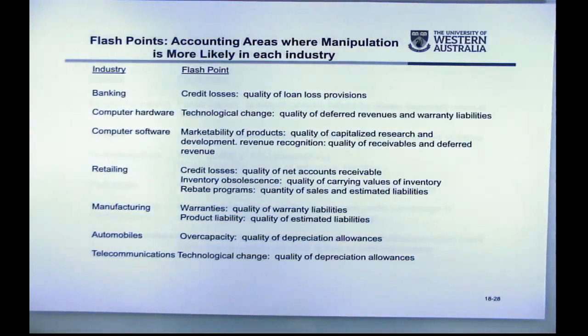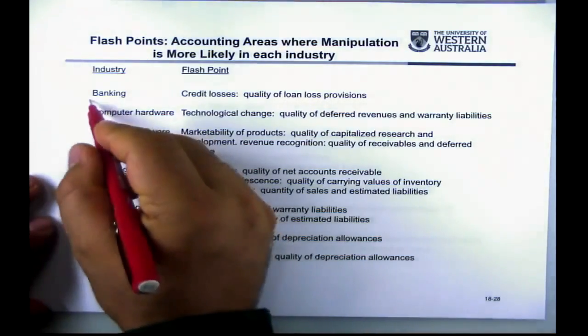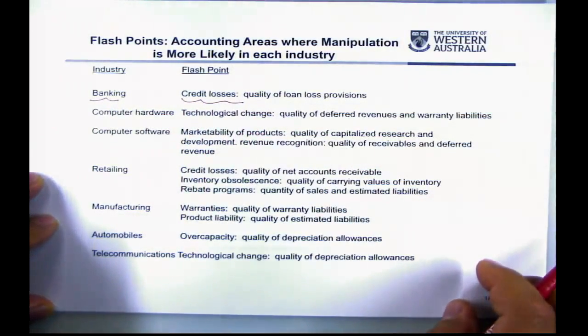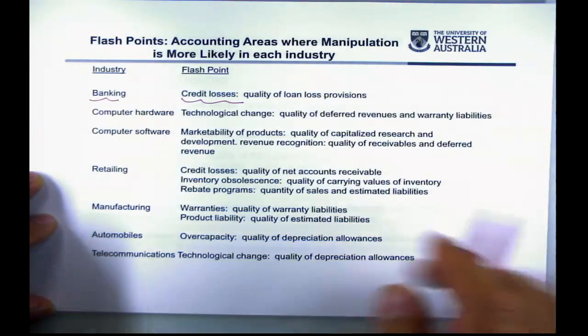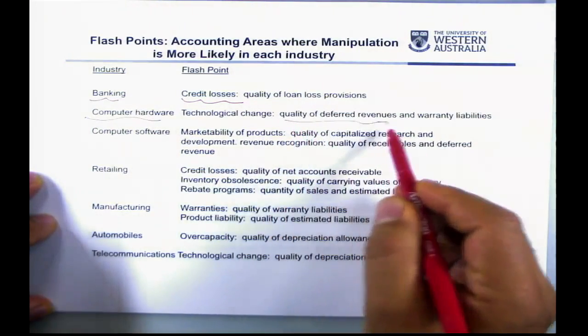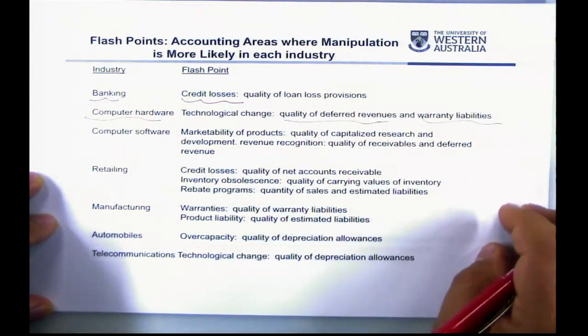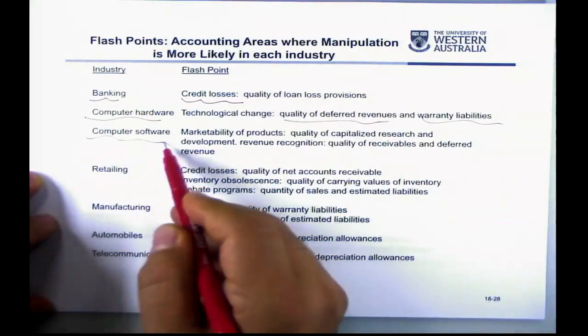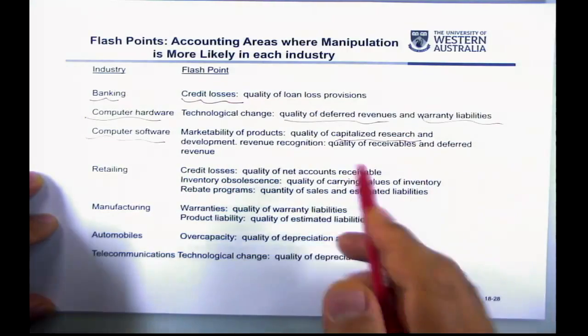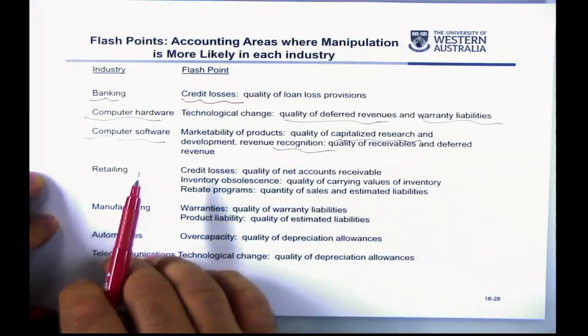Flashpoints, accounting areas where manipulation is more likely in each industry. In the banking industry, pay special attention to provisions for loan losses. Computer hardware industry, pay attention to the quality of deferred revenues and warranty liabilities. In computer software, look at the capitalized research and development and also the way the revenues are recognized.